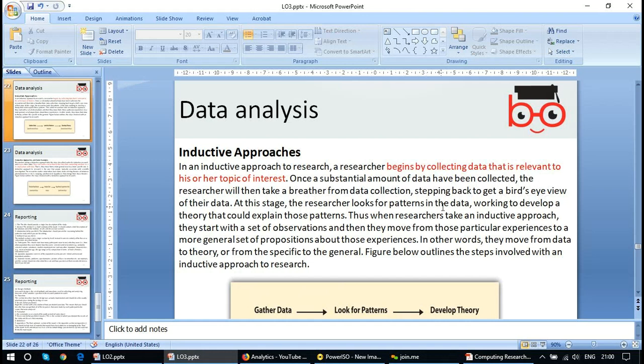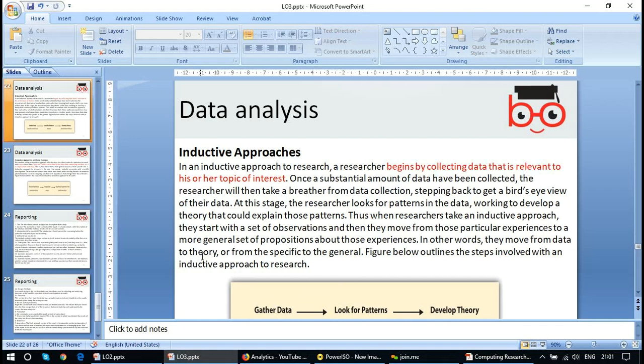At this stage, the researcher looks for patterns in the data, working to develop a theory that could explain those patterns. Thus, when researchers take an inductive approach, they start with a set of observations and then move from those particular experiences to a more general set of propositions about their experiences. In other words, they move from data to a theory.